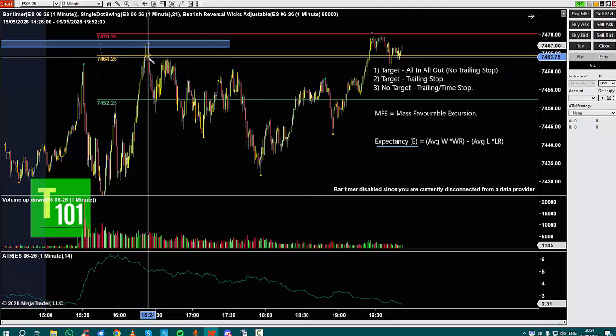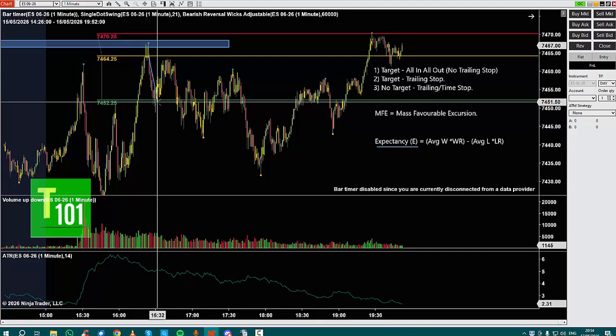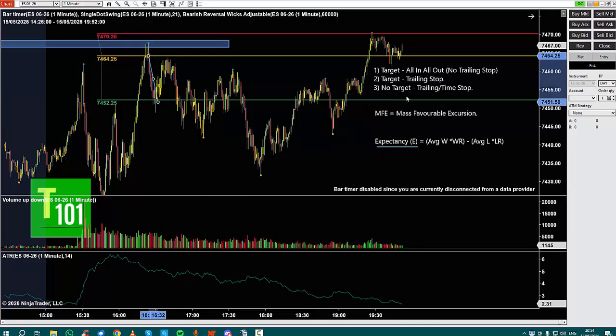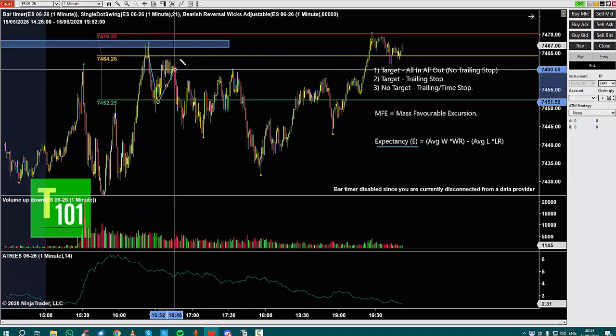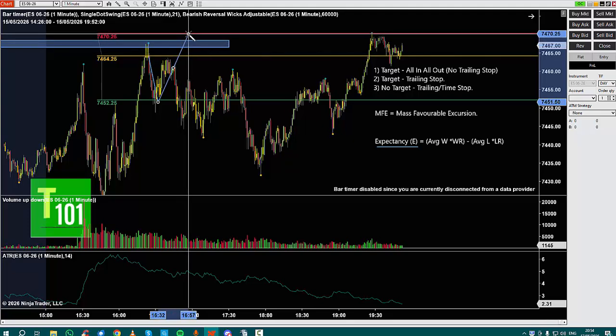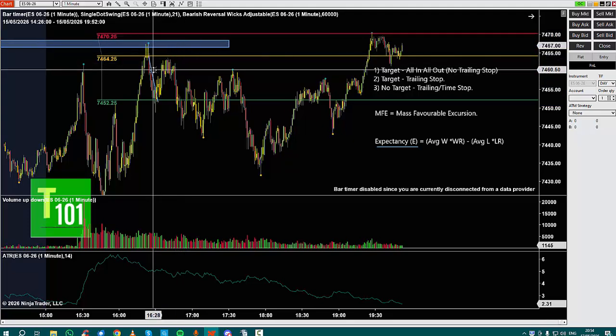So if we take 10 trades and 5 of them go to 2R before going to the stop, then those are going to be the wins.